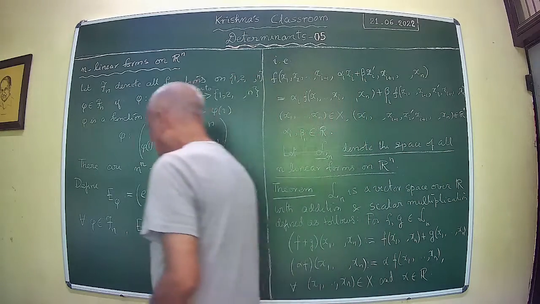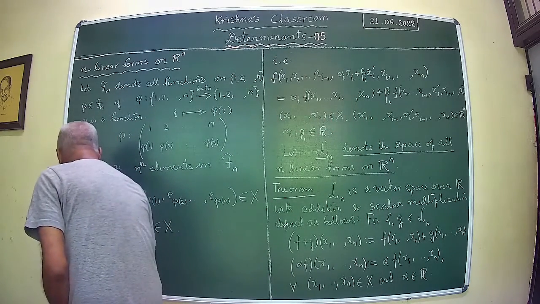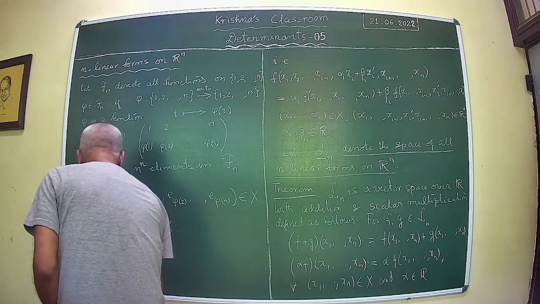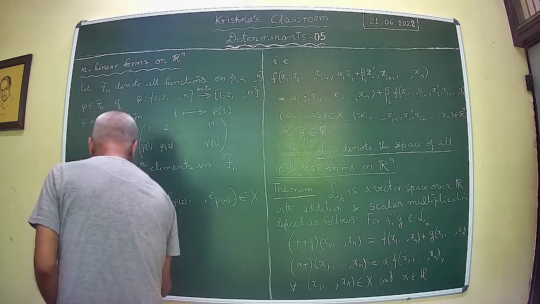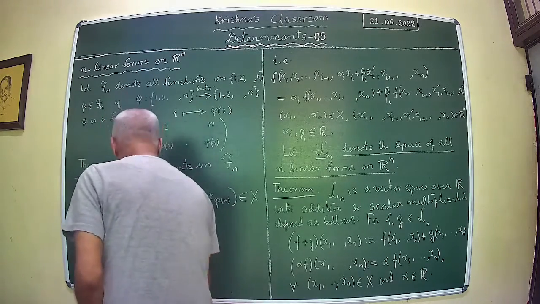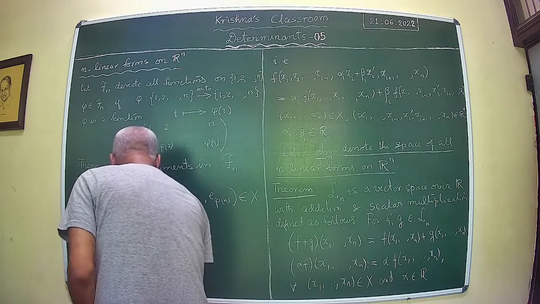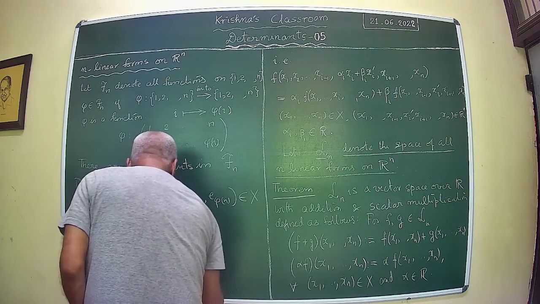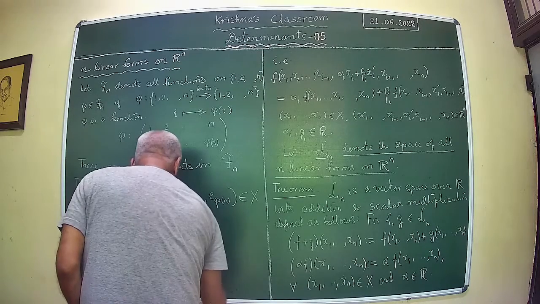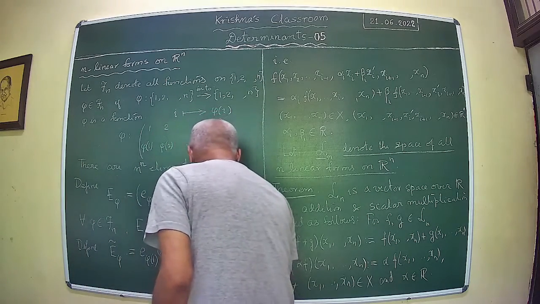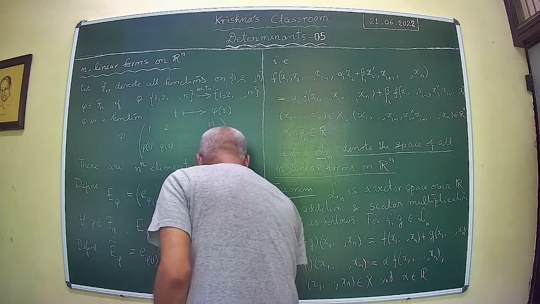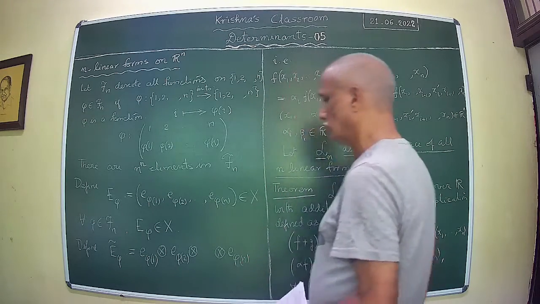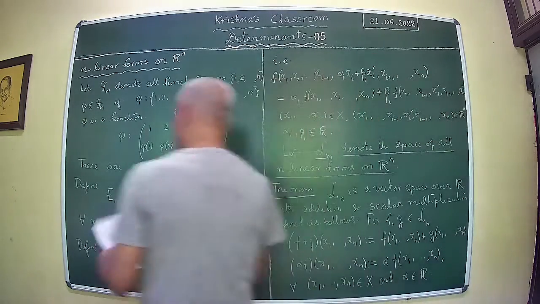Now we also define E phi tilde by E phi 1 tensor product E phi n. So we have defined two things.